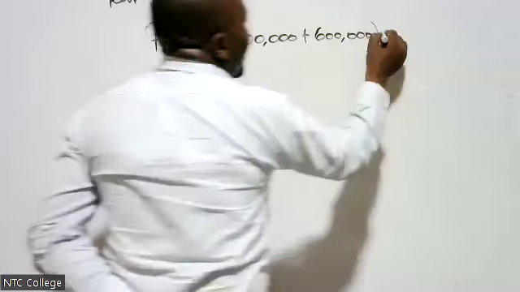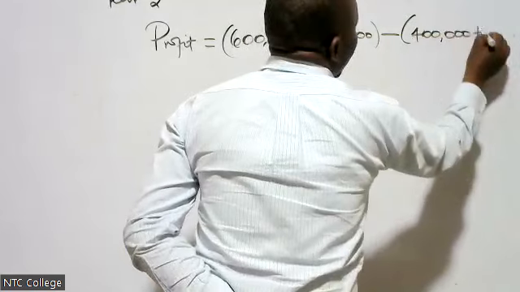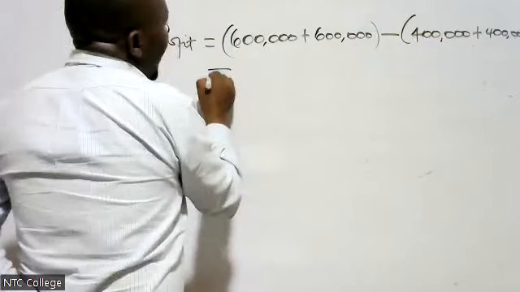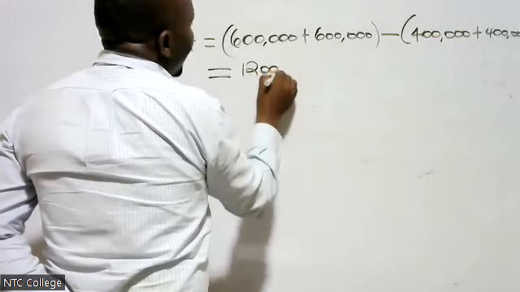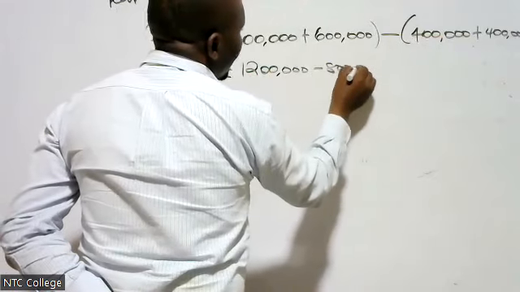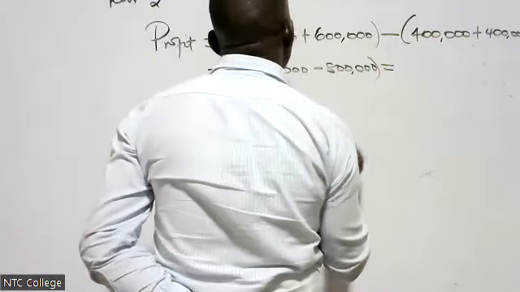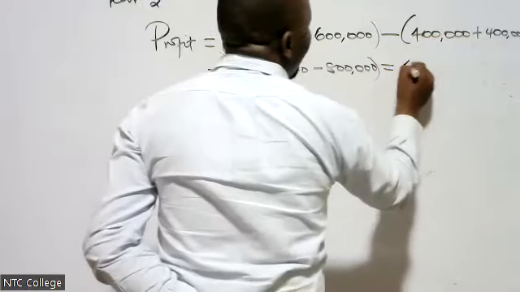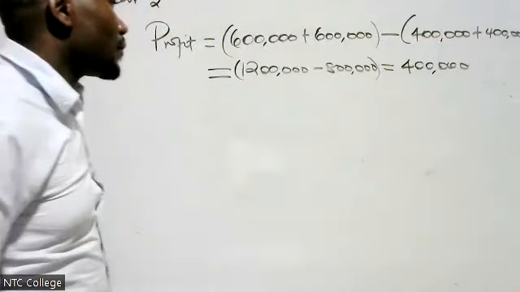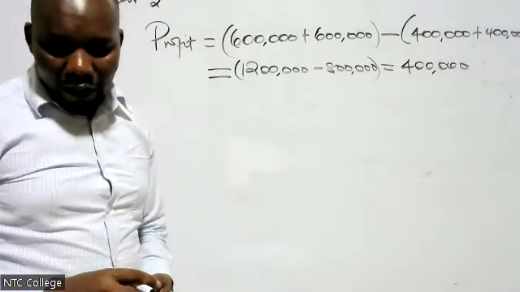So we are going to have that minus the 400 which was there before plus 400, which has got 1200 minus 800. So our profit in the second year is going to be 400,000.